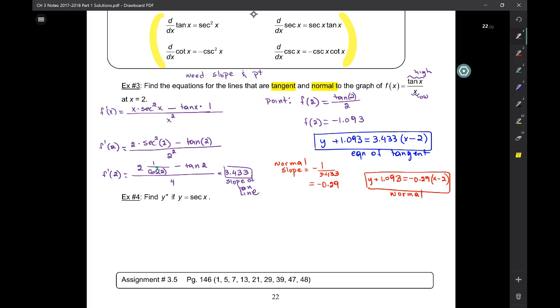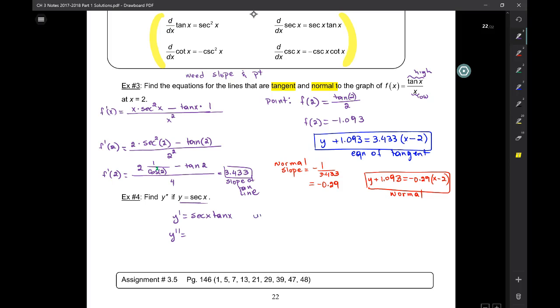Okay, here we're given y, and we need to find y double prime. If y is secant of x, y prime is secant x tangent x. Okay? So now, to find y double prime, what property am I going to have to use? The product rule, right?